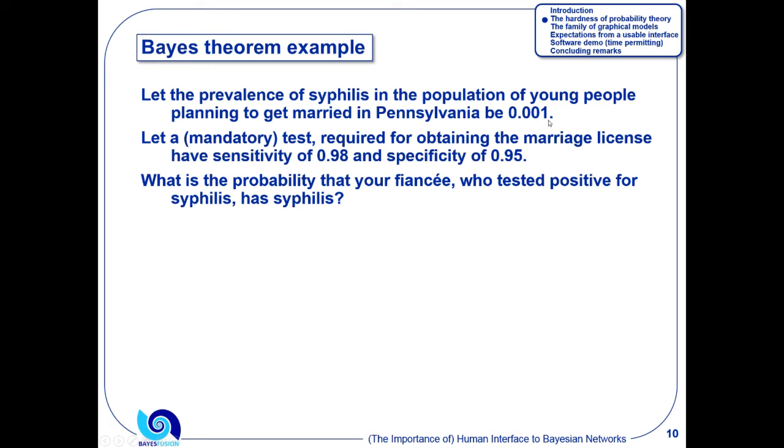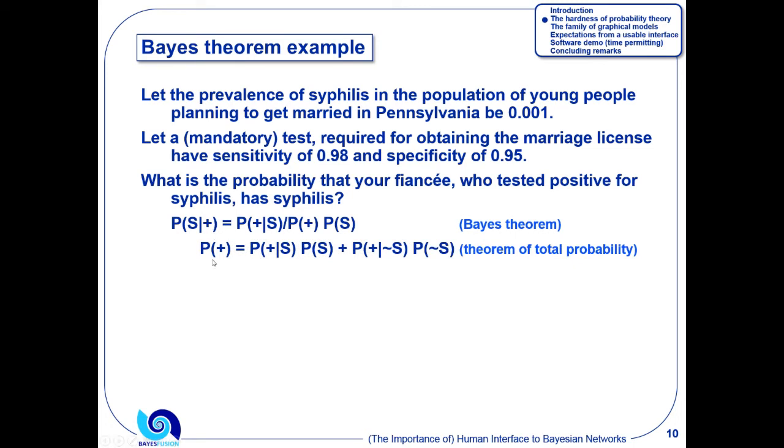Given that the prior probability of her or him having syphilis is very low, 1 in 1,000, sensitivity fairly high, 0.98, specificity 0.95, both very high for a screening test, what is the probability that the fiancé has syphilis? The calculation is simple. We just plug the numbers into Bayes' theorem.